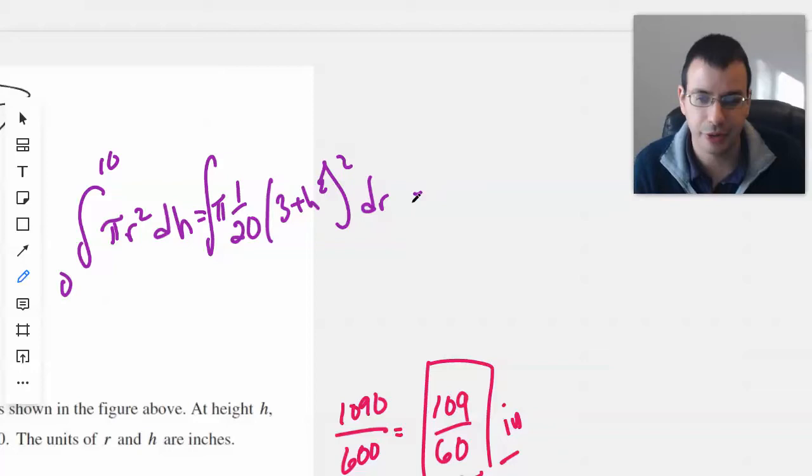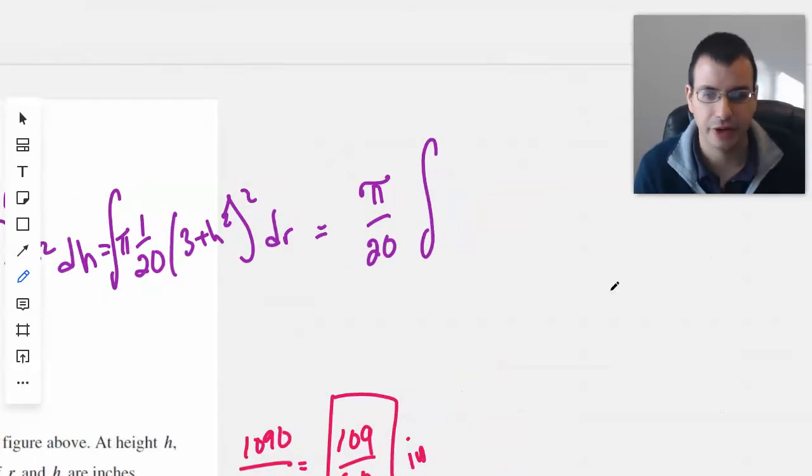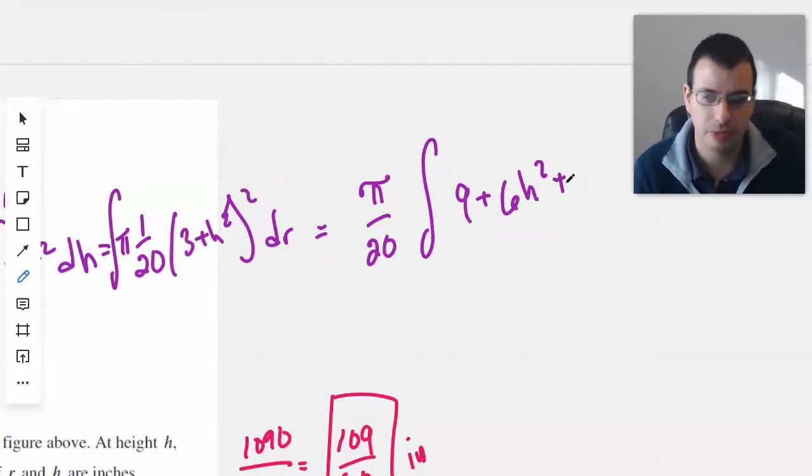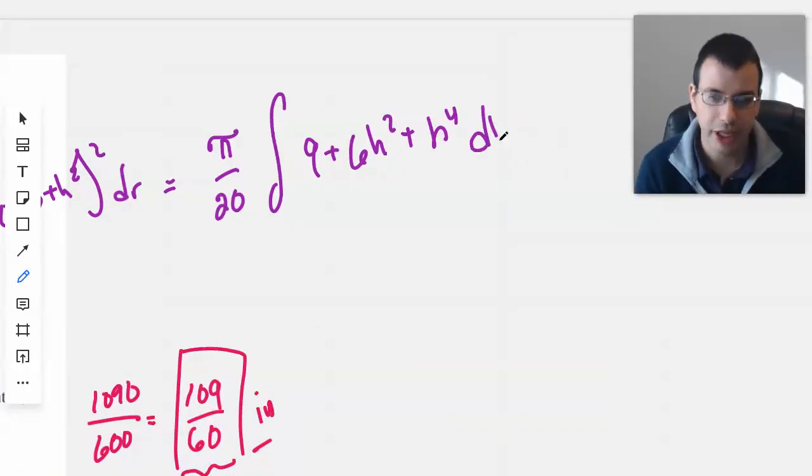Now, we need to be careful here. We can't just multiply the 3 and the h squared. We need to FOIL it. So we'll have 9 plus 6h squared plus h to the 4th, which is no big deal, dh.